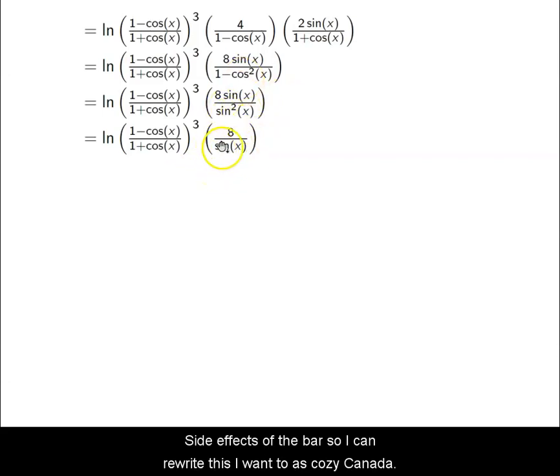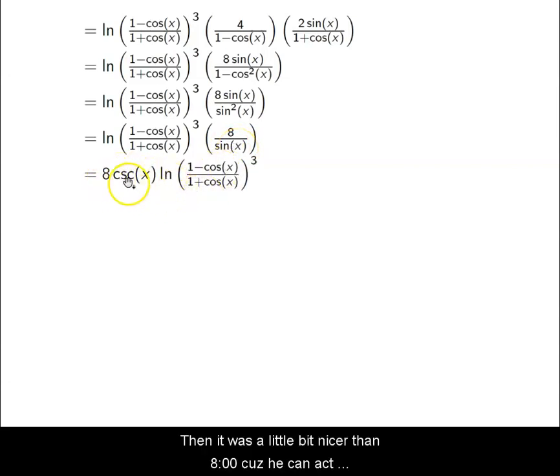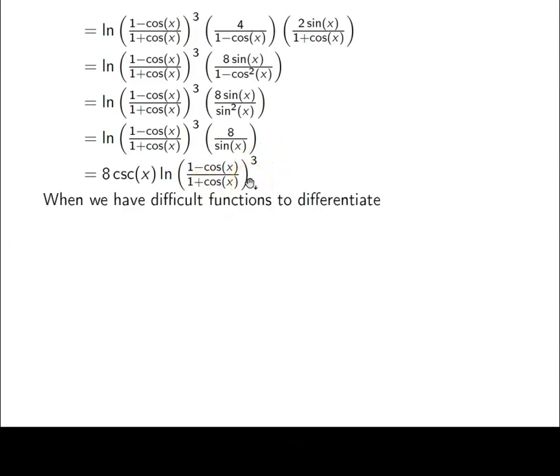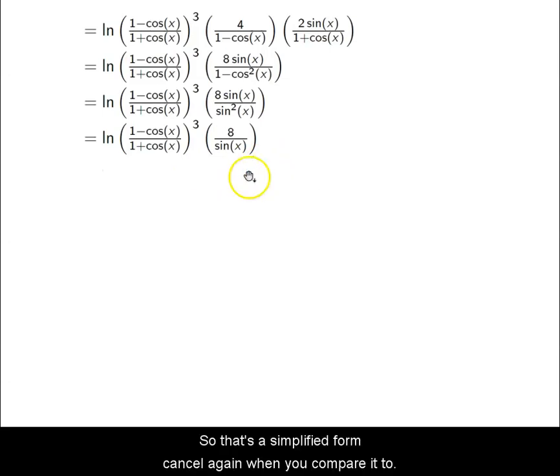So I can rewrite this if I want to as cosecant of x. So then it flows a little bit nicer. I got 8 cosecant x, natural log of 1 minus cosine of x over 1 plus cosine of x, that whole thing being cubed. So again, the cube is going to the natural log. It is not this inside part that is being cubed. All right. So that's the simplified form.